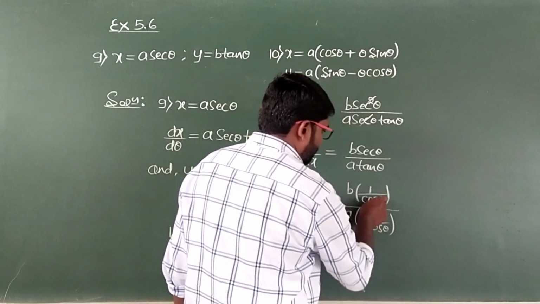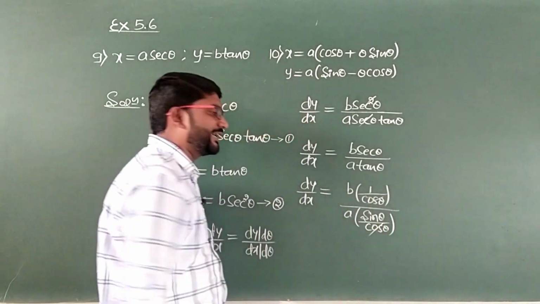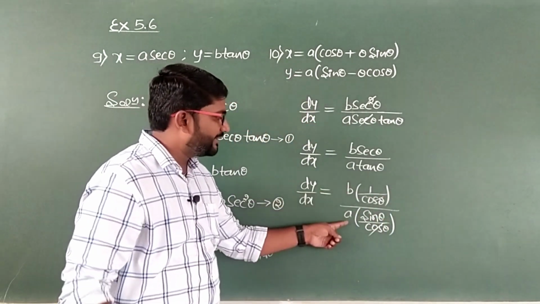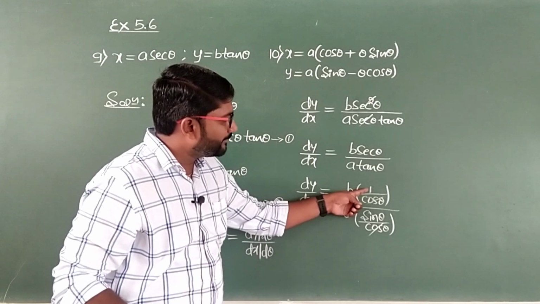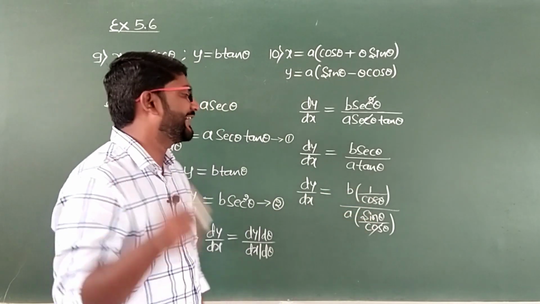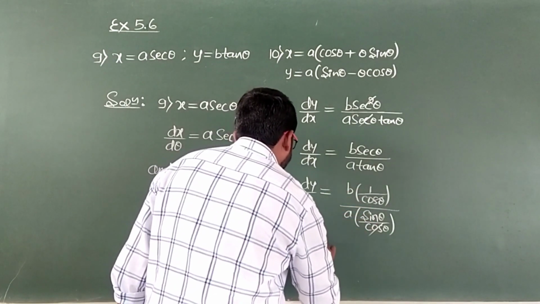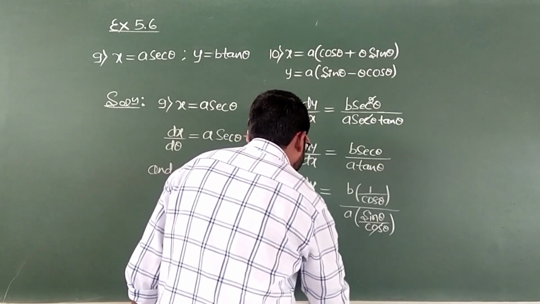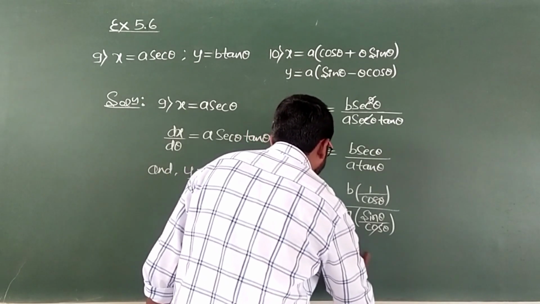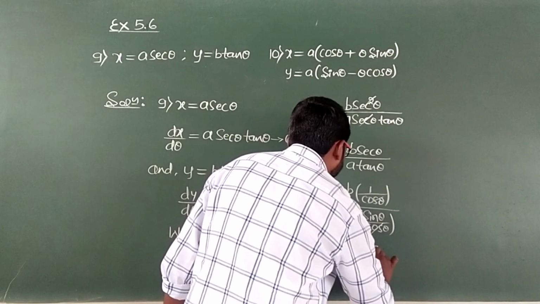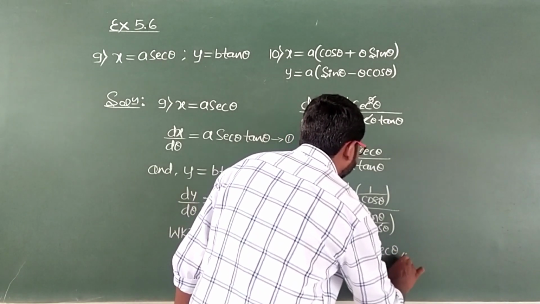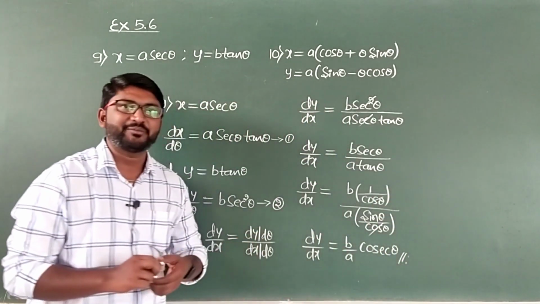So overall here cos theta and cos theta get cancelled. b by a we write as it is. Then 1 by sin theta becomes cosecant theta. dy by dx is equal to b by a cosecant theta. So this is the required answer for question number 9.